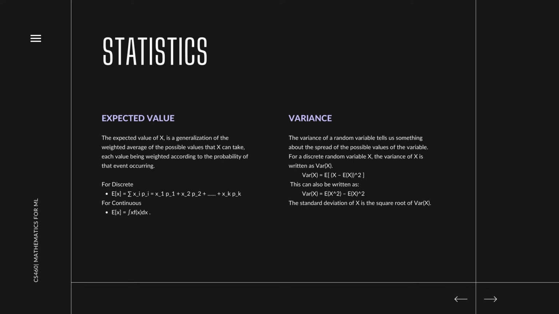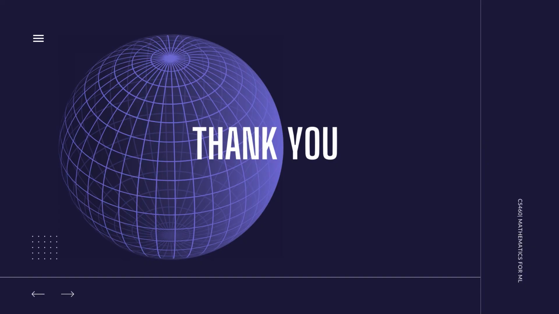We write variance as expectation of (X minus expectation of X) whole square. That can also be written as expectation of X square minus (expectation of X) whole square. And root of variance is also known as standard deviation.